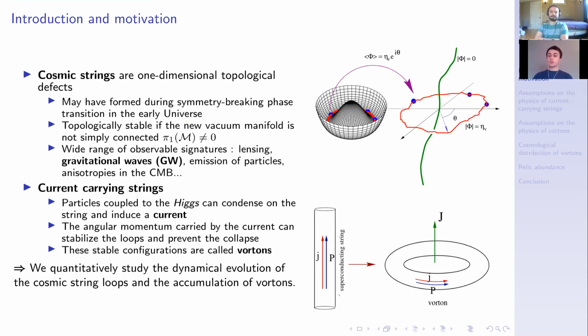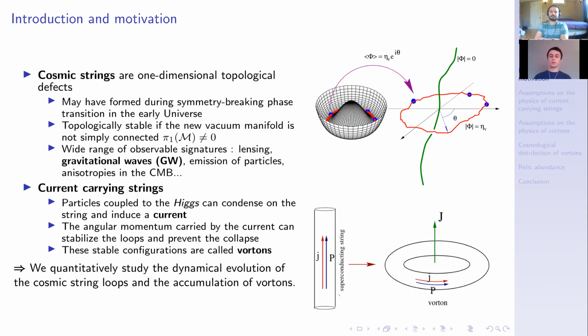And this is something very generic and depends on the topology of the symmetry breaking, and it depends on the property that, as you can see here on the right-hand side, after the symmetry breaking, you have a field that falls into a new vacuum manifold, and if it's not simply connected, you can have a region of space where your field is trapped and forming these one-dimensional topological defects, which have a certain tension and a certain mass per unit length. And these objects have a wide range of observational signatures.